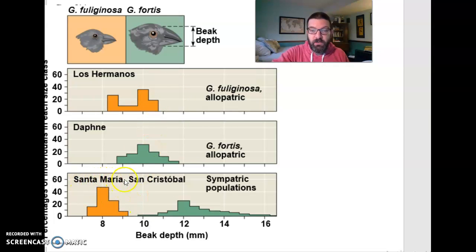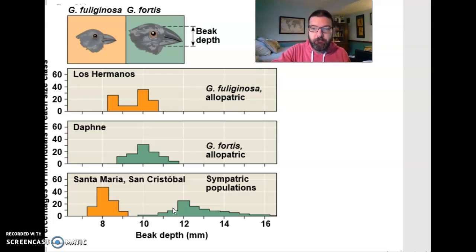On Santa Maria and San Cristobal, those are islands where they live together. Both of the birds live on these two islands. All of a sudden, you see very different beak depths. Phlegonosa has evolved smaller beaks, and Fortis has evolved larger beaks, deeper beaks. Because now that they're in competition, they have to partition resources and they have to eat different food.